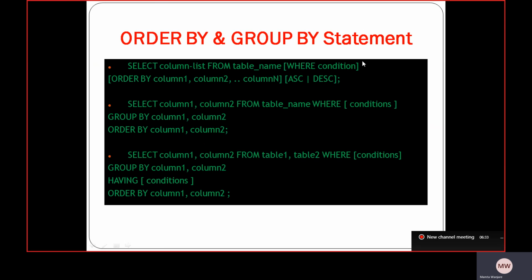ORDER BY or GROUP BY statement. For that, SELECT column list FROM table name WHERE condition should be there, and you mention ORDER BY, ascending or descending, as you want.